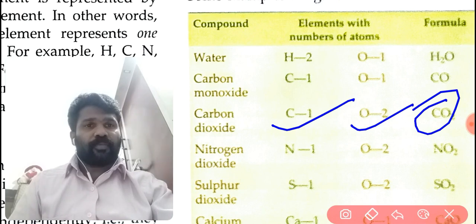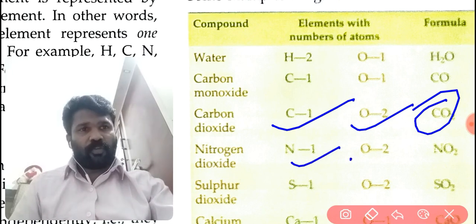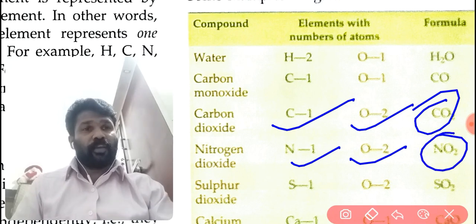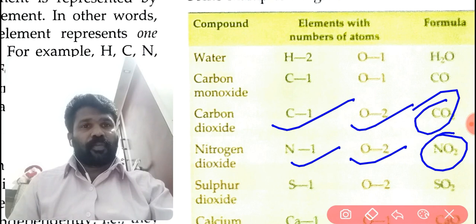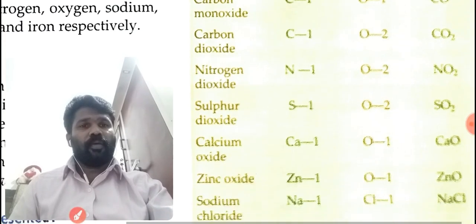Nitrogen dioxide: N1, N means nitrogen, O means oxygen, so we get the formula NO2. Sulfur dioxide: S1 O2, SO2.